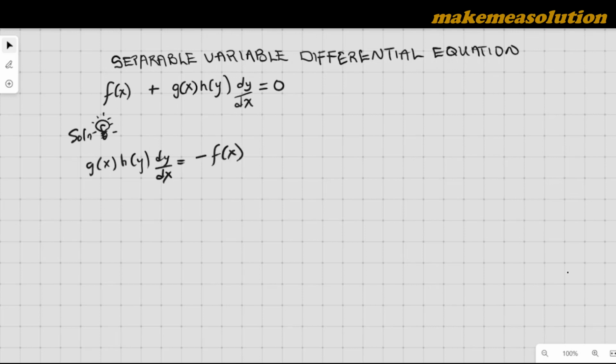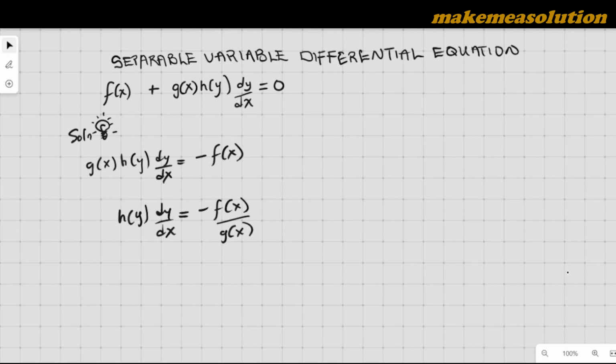Okay, so assuming we divide through by g of x, we are going to have h of y dy by dx is equal to negative f of x over g of x. Okay, so that is not all. Remember, we want to keep everything about x on one side and everything about y on the other side.